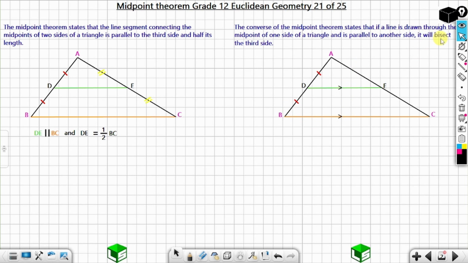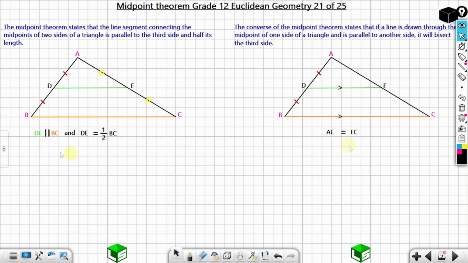In this example, the third side is AC, and it will bisect the third side. So AD is equal to DB, and AE is equal to EC.